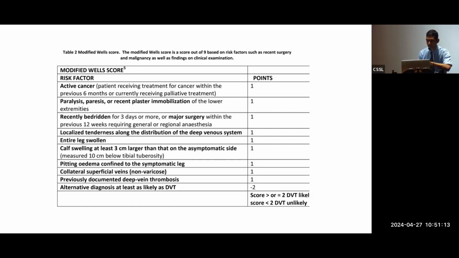So this is the 2-tier Wells score. There are several factors. You get positive marks, and there are certain factors where you get negative marks. If the total score is 0 or 1, you classify as DVT unlikely. If the total score is 2 or more, then it is taken as DVT likely.